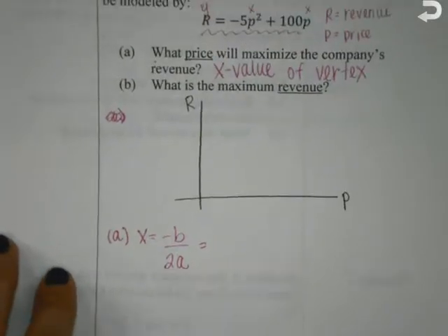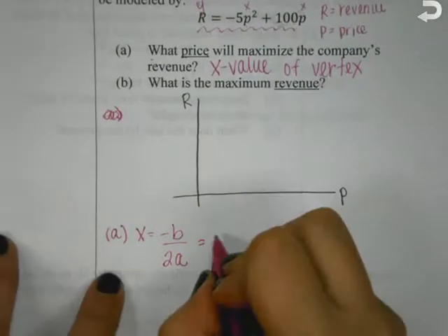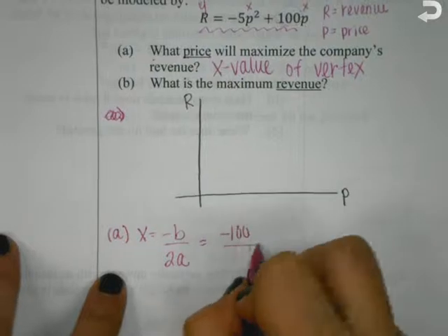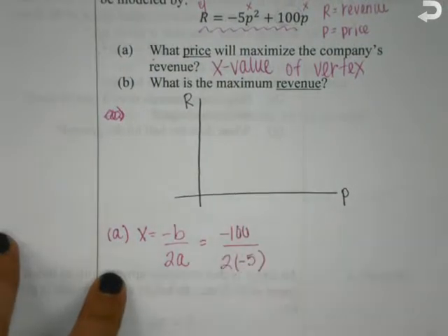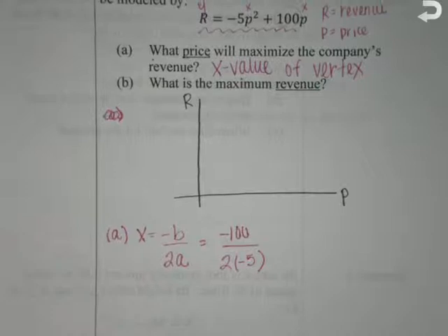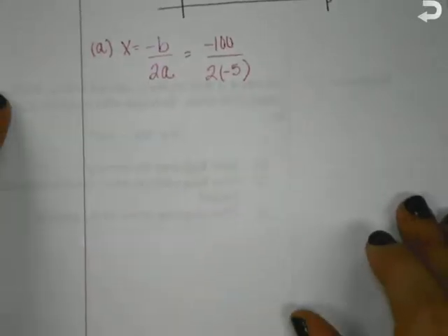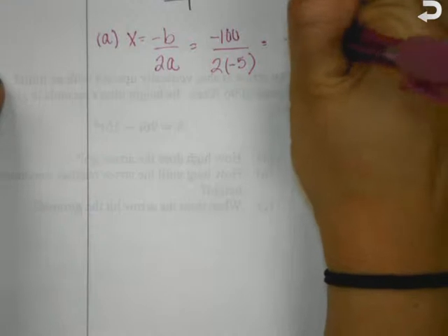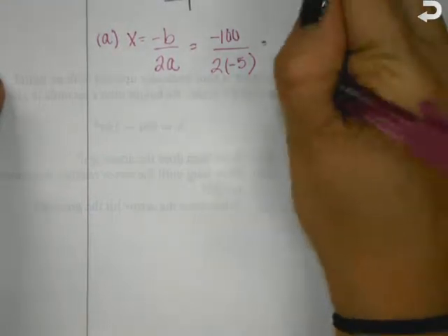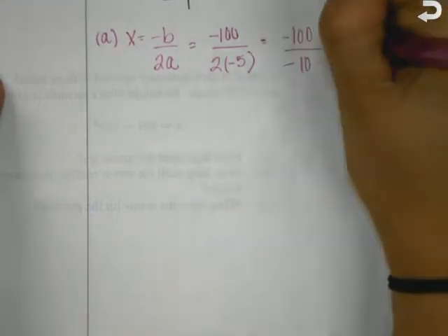100. So negative 100 over 2 times negative 5. So that's going to give me negative 100 over negative 10. So my x value is positive 10.